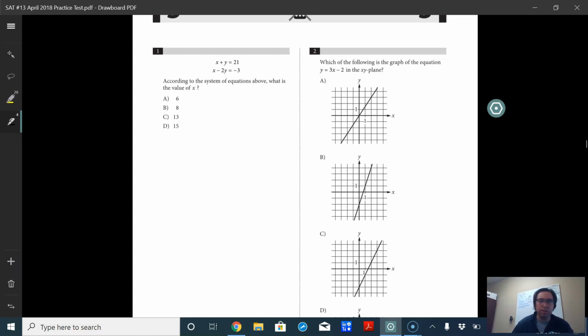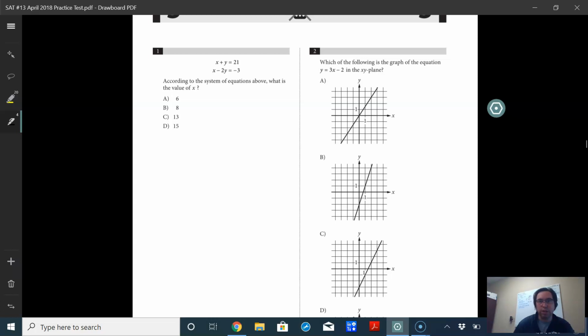On this first question, we know we're dealing with a system of equations, and there are a couple of different ways we can solve it. Usually we want to see if we can do elimination, or if not elimination, maybe transformation, which in this instance might be the best case.